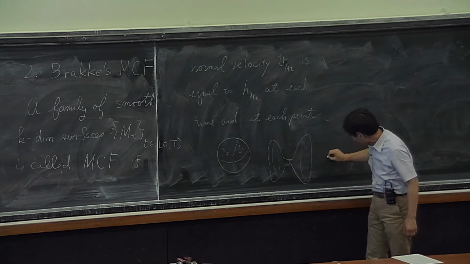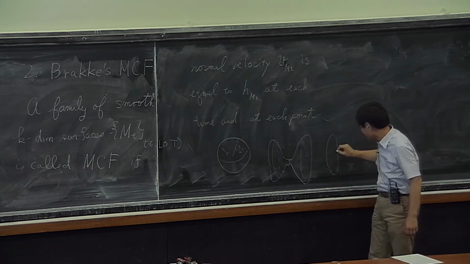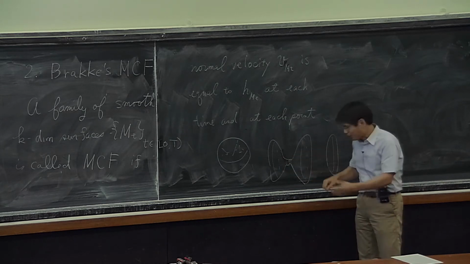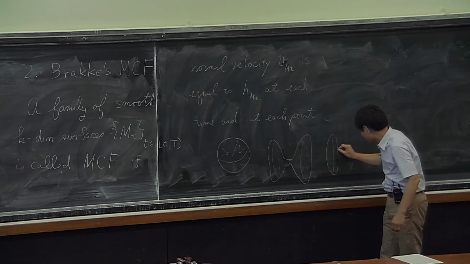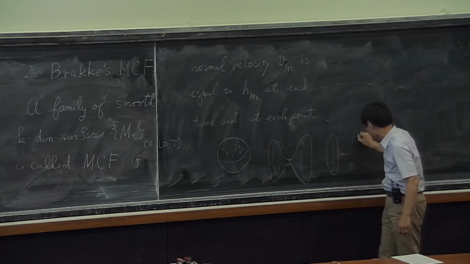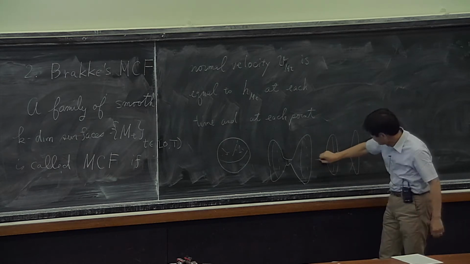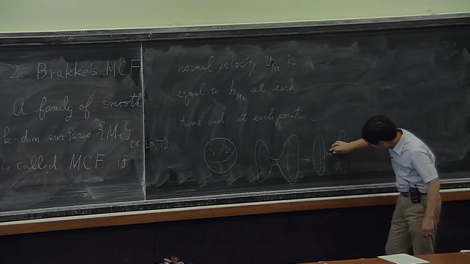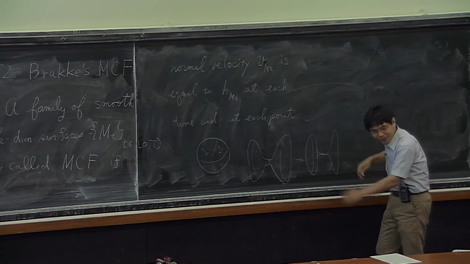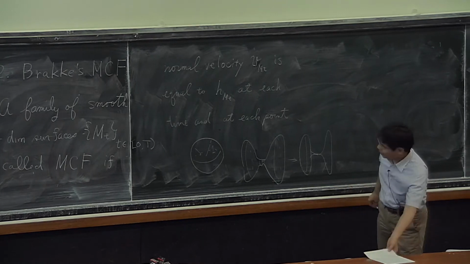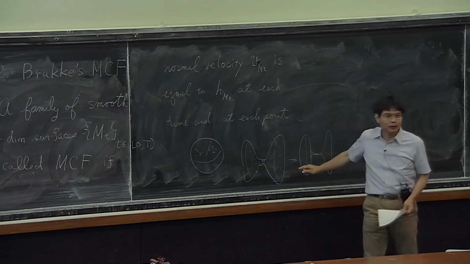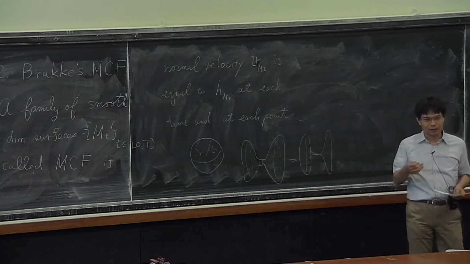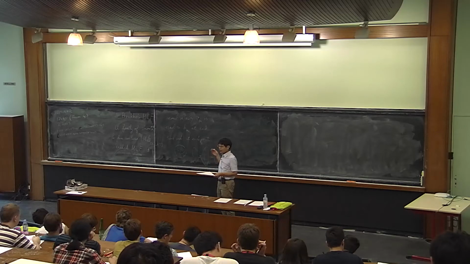So in finite time you have this kind of pinching where this becomes separated. So you have this kind of singularity in finite time. So even if you start out with a very smooth surface, in finite time you expect that this surface becomes non-smooth.